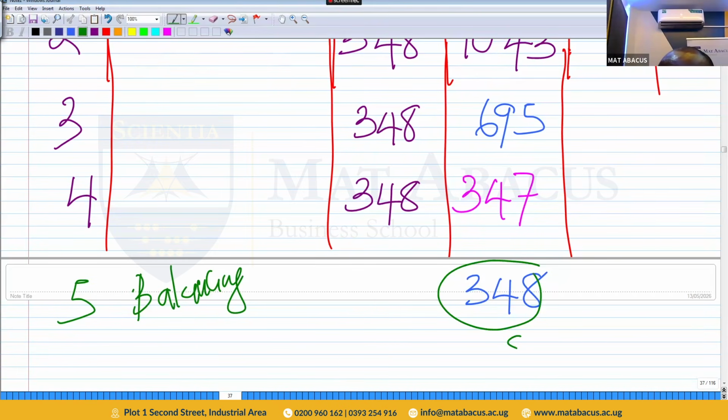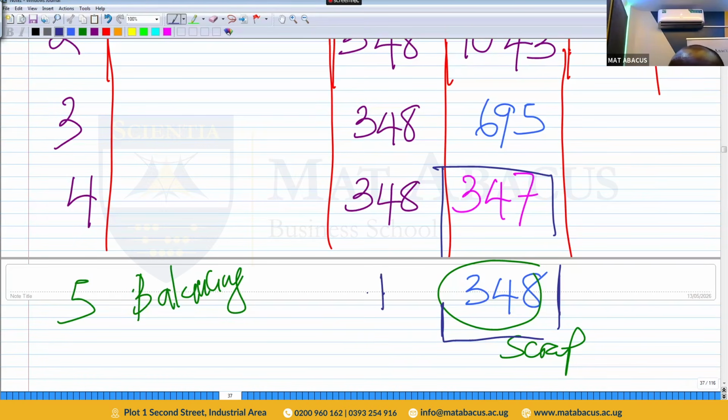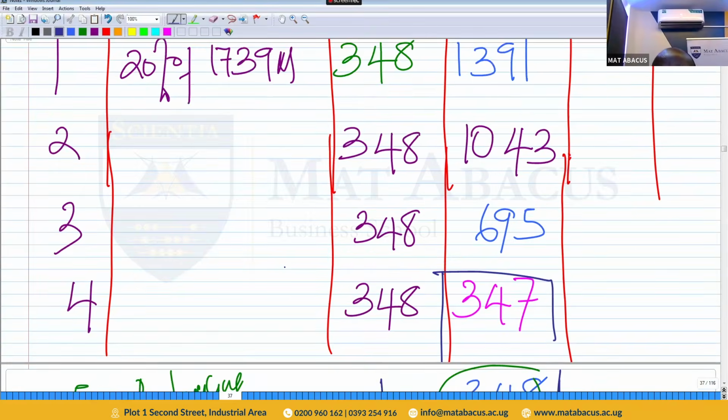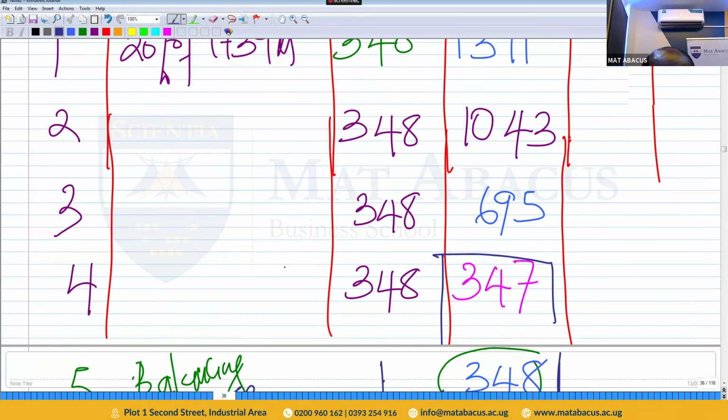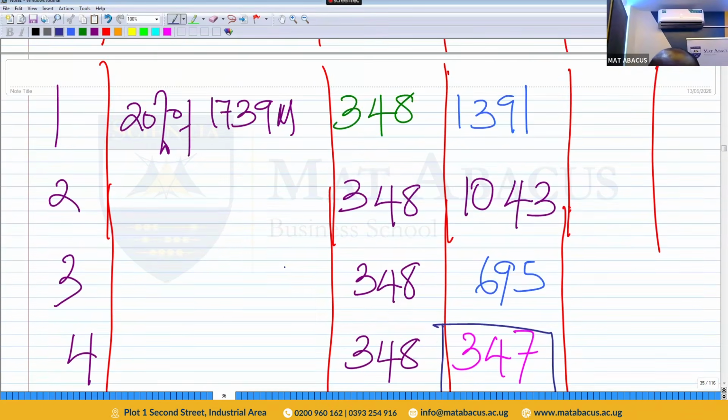When you subtract these two numbers, you get the difference. It's supposed to be the same. This should have been an 8, but the difference seems to be 1. According to that, it should have turned out to be a balancing charge, but it may end up being immaterial. If we had not dropped the decimal points, we would have seen it balancing, but we continue.